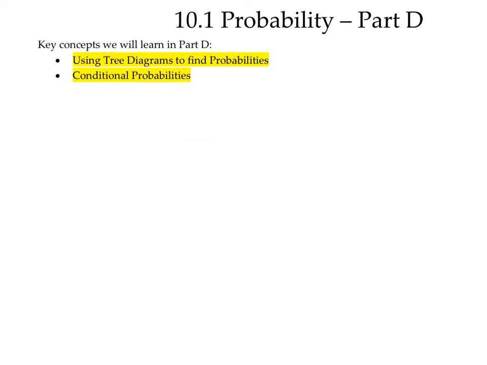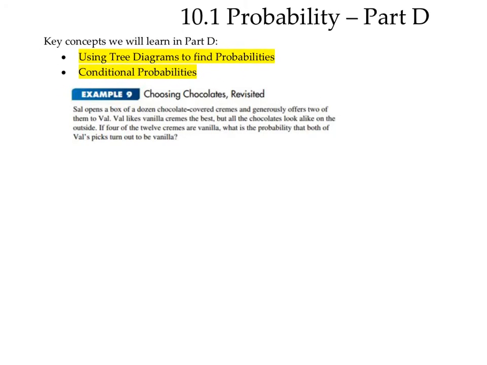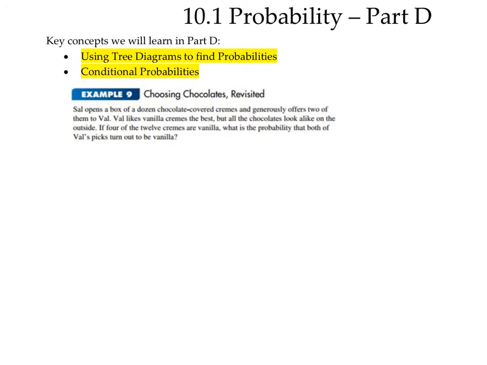Let's revisit Sal and Val and the vanilla cream chocolates using a tree diagram. Val initially picks a chocolate. It can either be vanilla cream or non-vanilla cream.